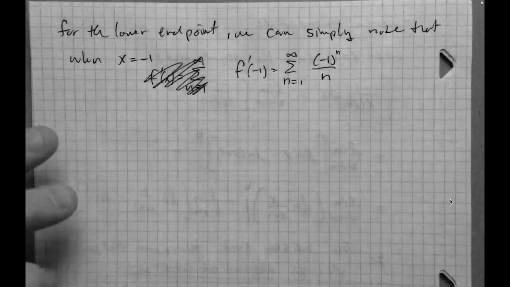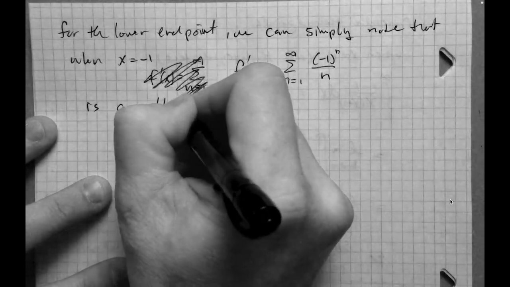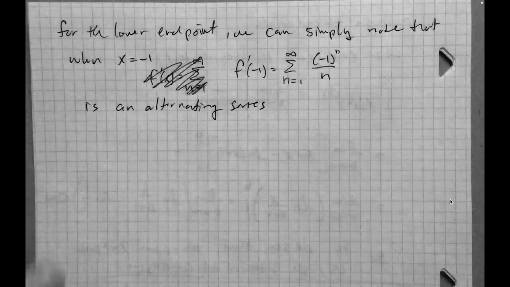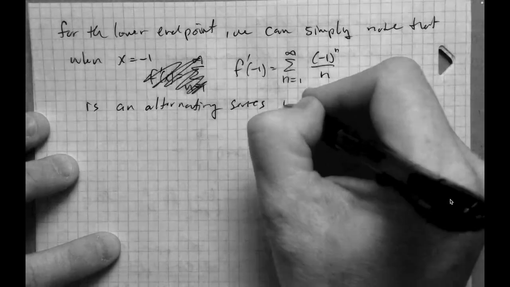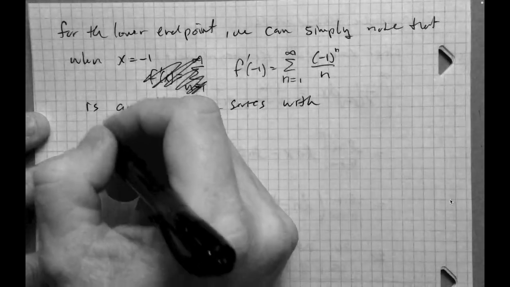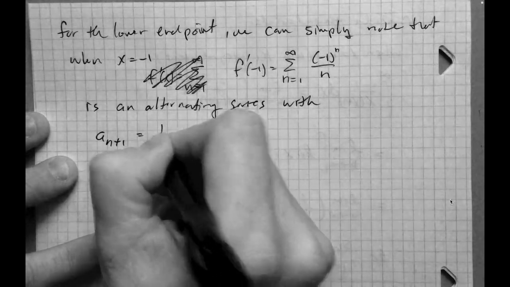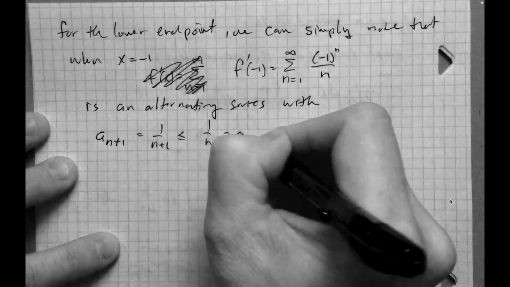And now this is just an alternating series. Right? It's definitely true that a sub n plus 1, which would be equal to 1 over n plus 1, is less than or equal to 1 over n, which is a of n.